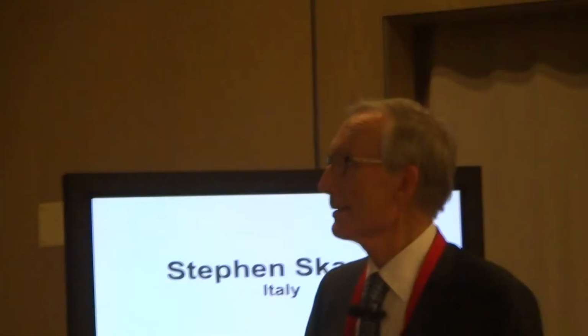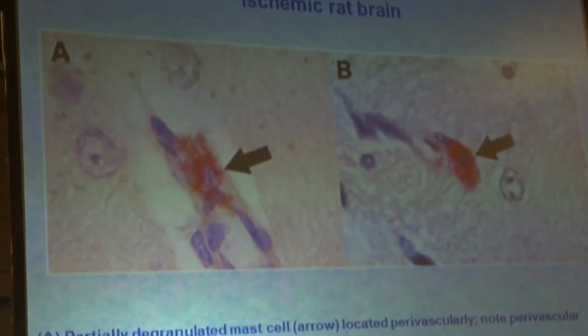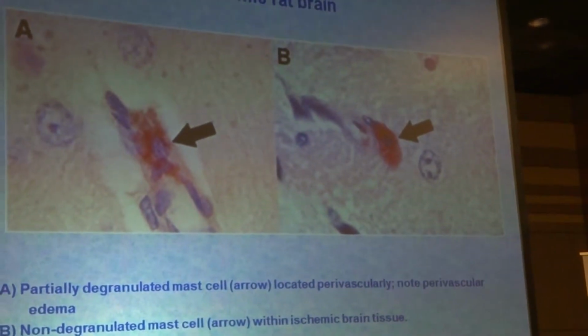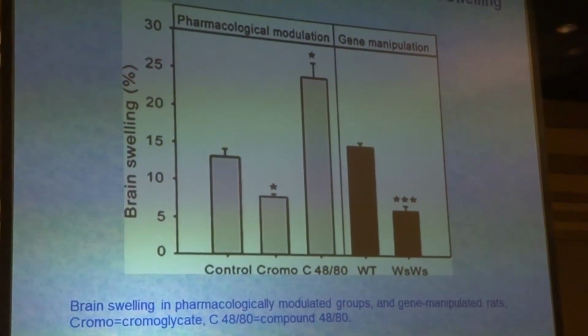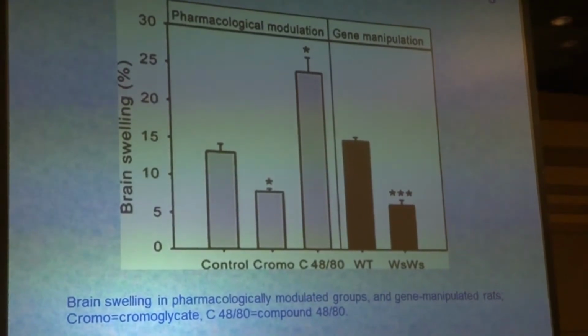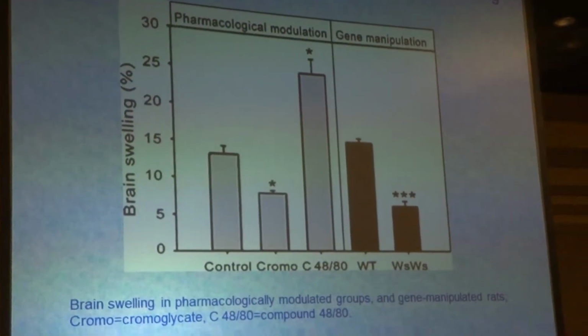Now, mast cell activation will provoke edema in nervous tissues. An example is a rat model of cerebral ischemia. The mast cell has degranulated, leading to very clearly tissue edema. Again, in brain ischemia, the swelling involves to some extent mast cell activation.